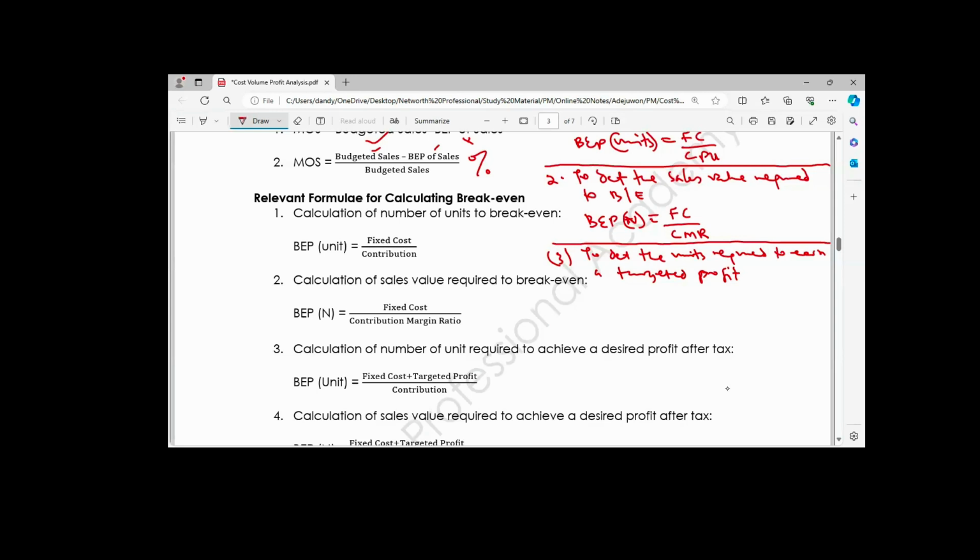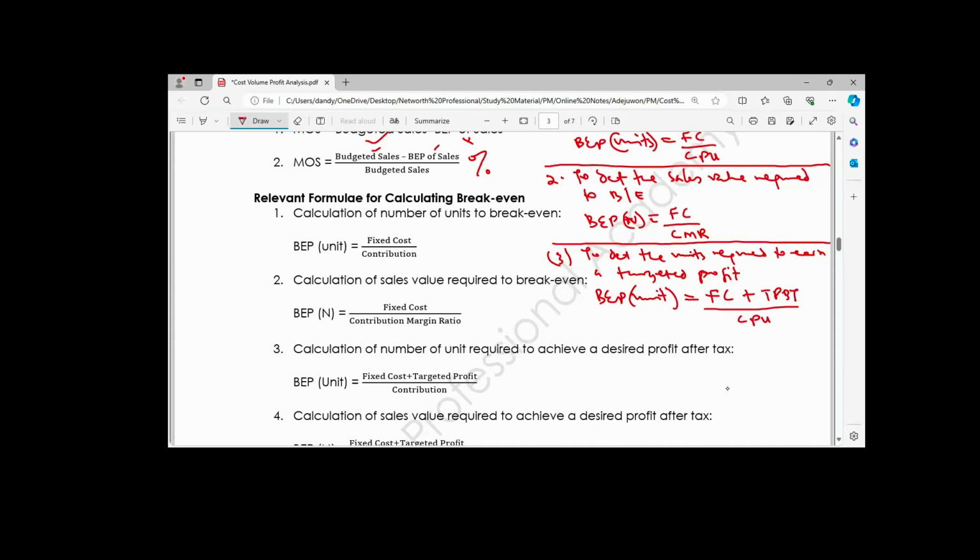Therefore, the formula to use is: break-even point in units equals fixed cost plus targeted profit before tax, divided by contribution per unit.